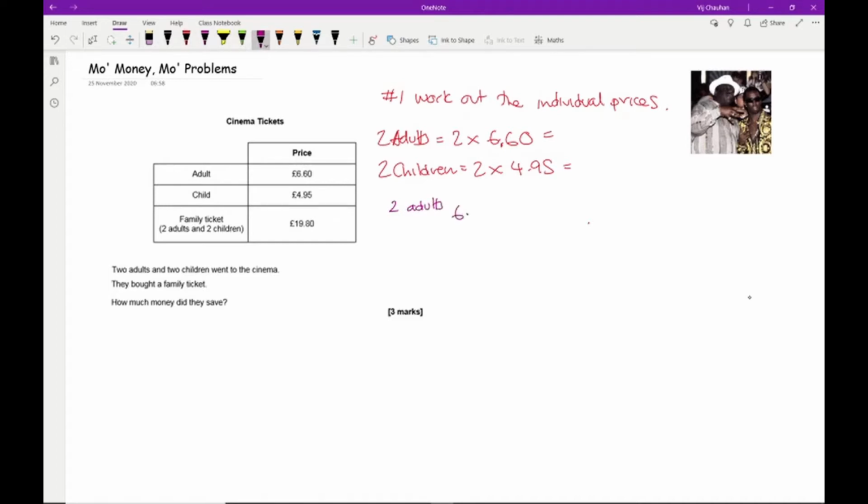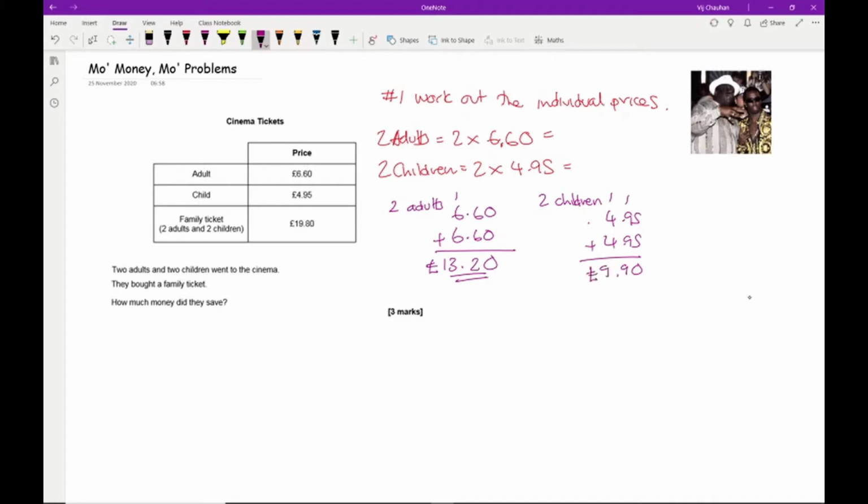So here we've got the 2 adults, so that's £6.60 plus £6.60, and adding them together I've got 0, 2, carry the 1, 13, so that's £13.20. Then for the 2 children, we've got 4.95 plus 4.95, and adding, I've got 10, 19, and 9, so £9.90.